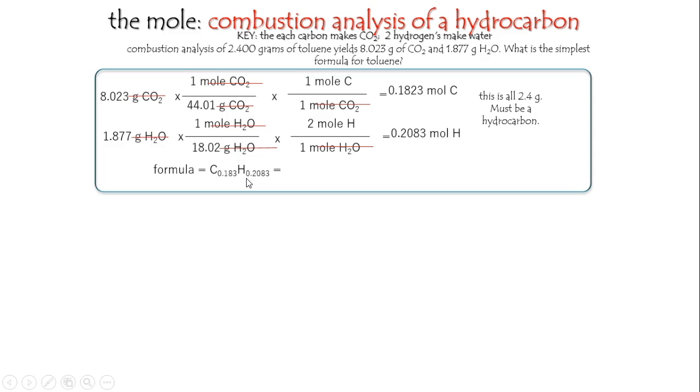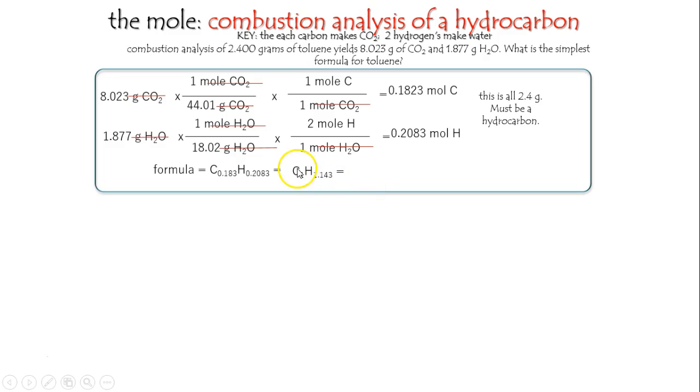We want whole numbers. Try to remember this little mnemonic, divide by the little guy. The smaller one is the 0.1823. So if you divide both sides by that, it'll by definition make that a 1, and this some other ratio. In this particular case, and this is very rare, we get a strange ratio, 1 to 1.143. Now, 0.143 is exactly a 7th, and this very rarely happens.